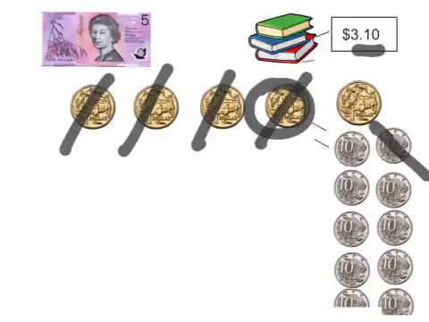Now I can count up the change that I would need to receive if I spent $3.10. $1, 10, 20, 30, 40, 50, 60, 70, 80, 90. So the change required here is $1.90.